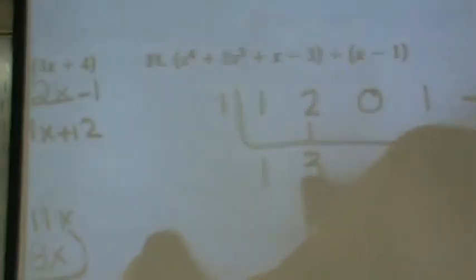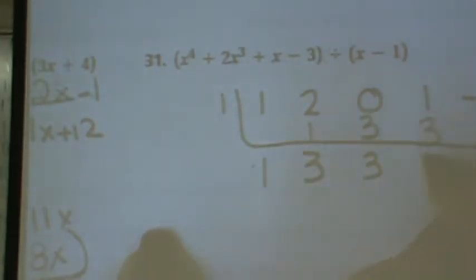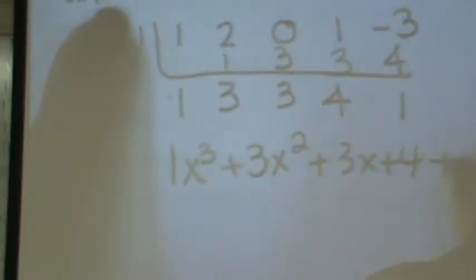Bring down your 1. 1 times 1 is 1, add. 1 times 3 is 3, add. 3 times 1 is 3, add. You get 4 with a 1 remainder. So your answer is 1x cubed, you always go 1 degree less, plus 3x squared plus 3x plus 4 with a remainder of 1 over x minus 1.